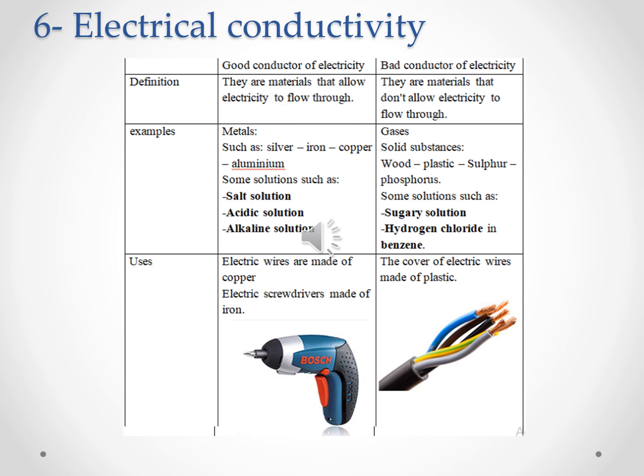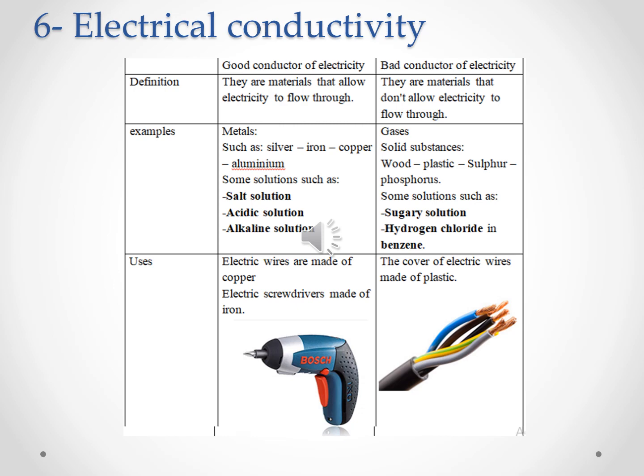Some solid substances are bad conductors of electricity, like sulfur, phosphorus, wood, and plastic, like you know from the previous years. And take care, some solutions are bad conductors of electricity, like the solution of hydrogen chloride in benzene.